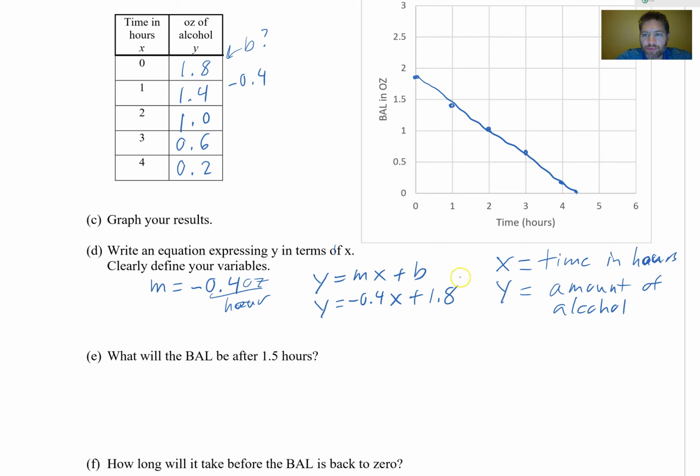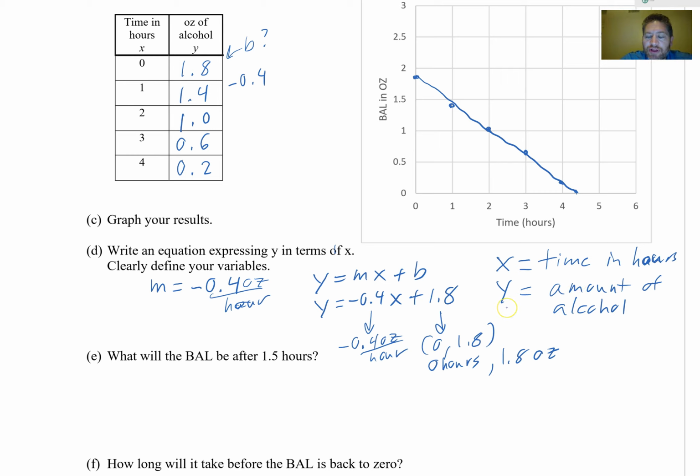We're starting at 1.8. That's right there, our y-intercept. This is always 0, 1.8. So this says 0 hours, 1.8 ounces. That's why they're very important. The y-intercept tells us where we're starting. The slope is telling us how it's changing. It's going down. So this guy's saying it's decreasing by 0.4 ounces every hour.